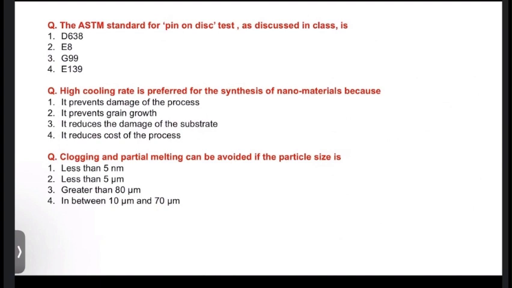What is the full form of ASTM? Correct, it is just a theory question. The correct answer is G99. This is a number. All these numbers belong to different tests. So for the pin on disk test, it is G99.